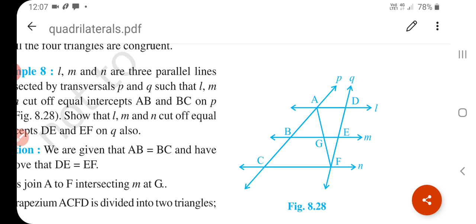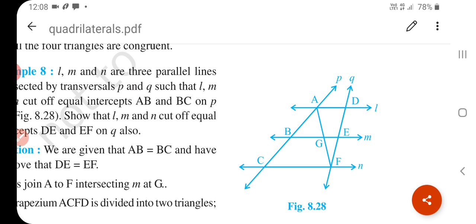It is given L, M and N are three parallel lines. If the lines are parallel, then we know that alternate interior angles, corresponding angles and so on are equal. Okay, if two or more lines are parallel.